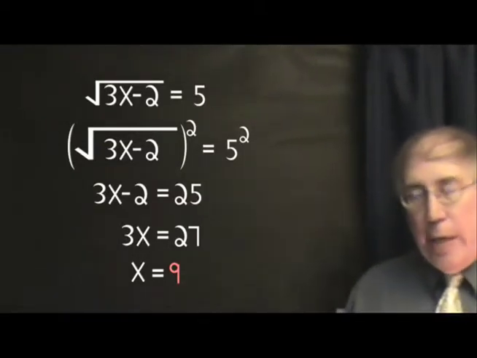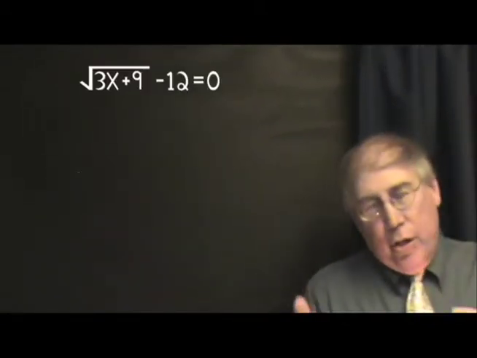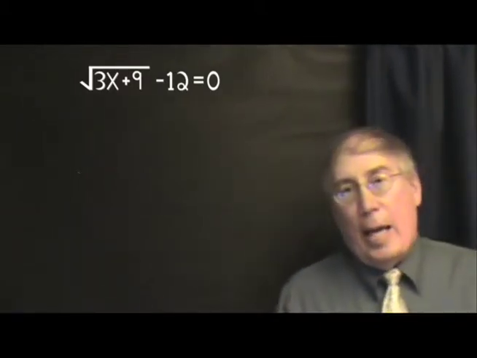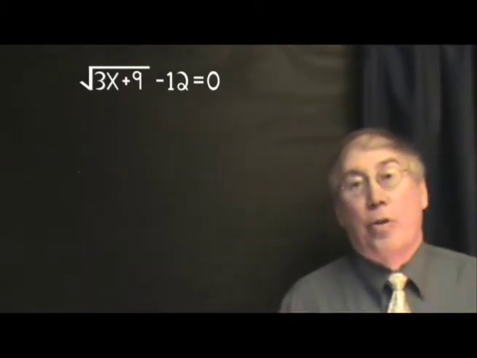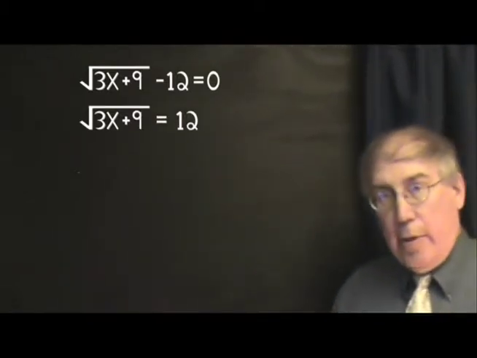So let's see what surprises we have next. Now this one here, you need to get the square root on a side by itself. So let's add 12 to both sides. There we have it.